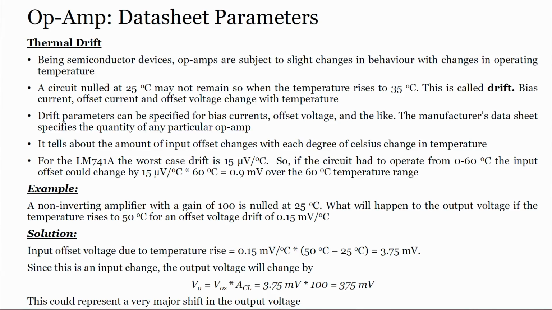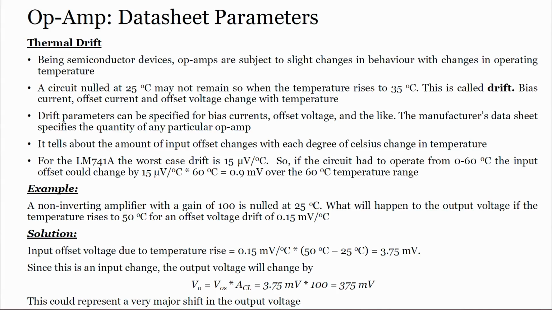So if the circuit has to operate from 0 to 60 degrees, the input offset voltage could change by 15 microvolts per degree centigrade times 60 degrees, which is 0.9 millivolts over the 60 degree temperature change, which is a really huge change, 0.9 millivolts.